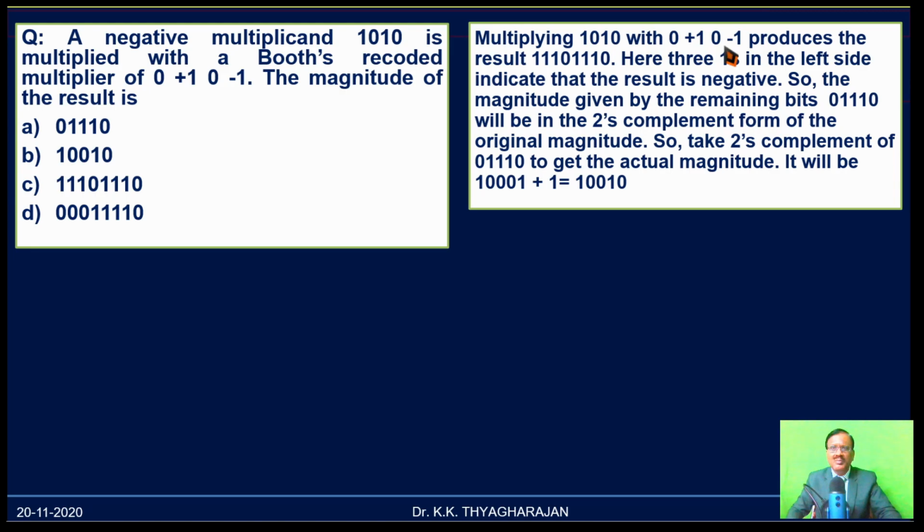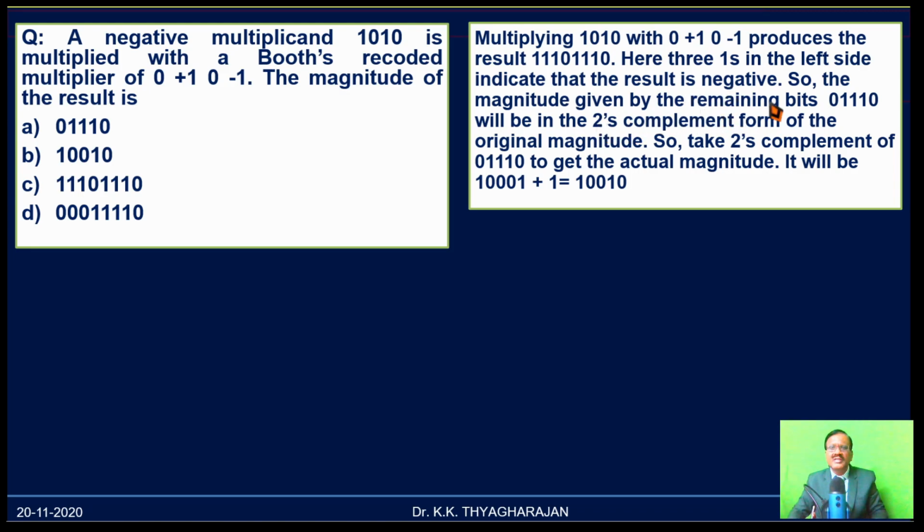A negative number can be extended on the left side by adding 1. If the result is positive, then you can add 0 on the left side. That means the positive sign is extended. So you multiply all these things, finally you will get this value.